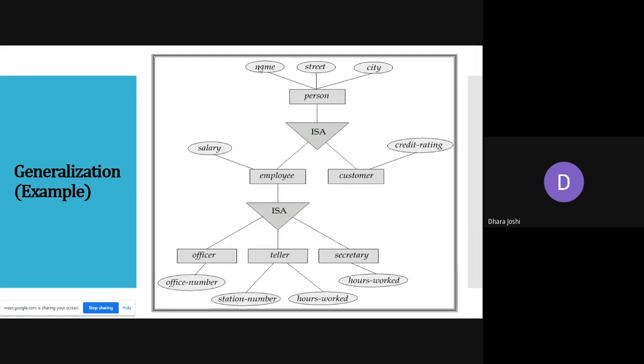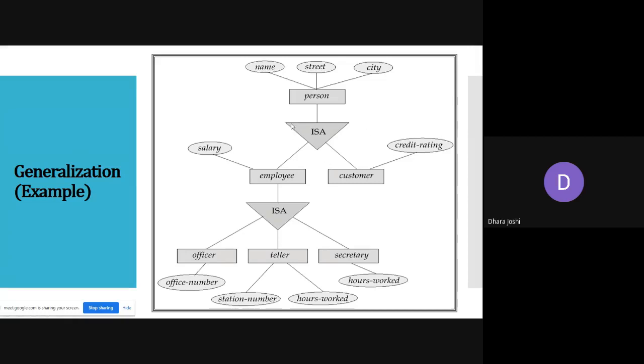Person can have three attributes: name, street and city. Person can be an employee or a customer. So person is an employee, person is a customer. Here ISA is used for generalization as well as for specialization.